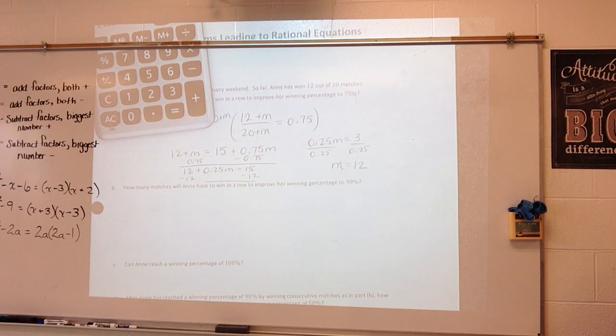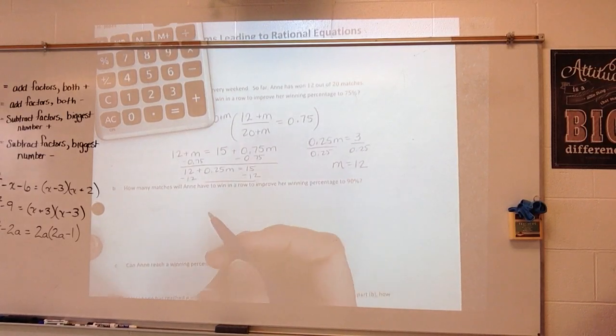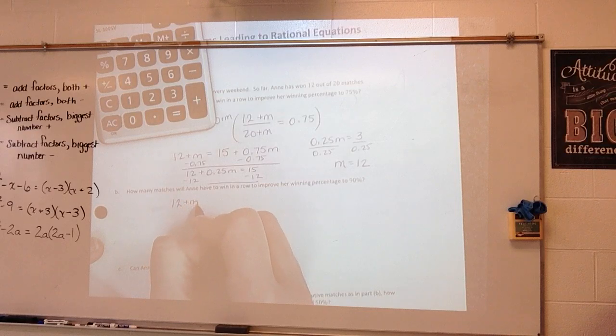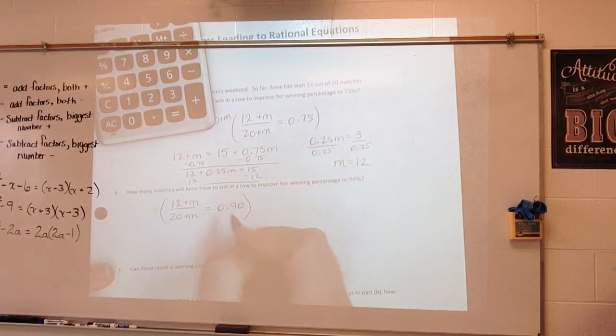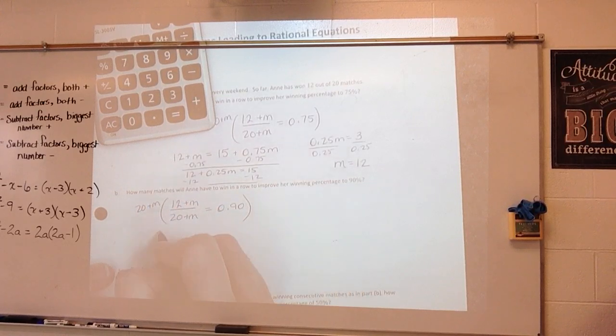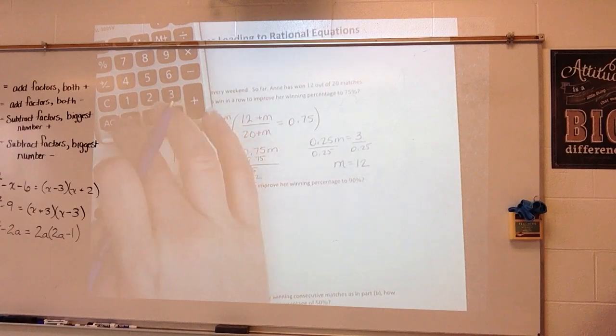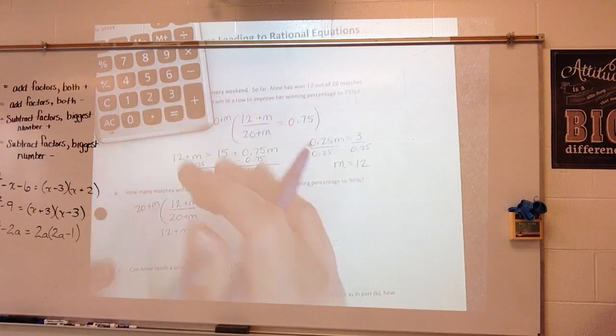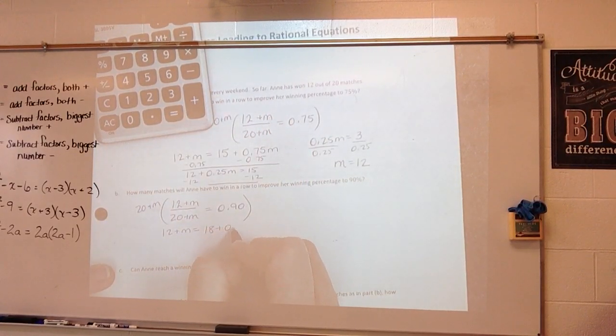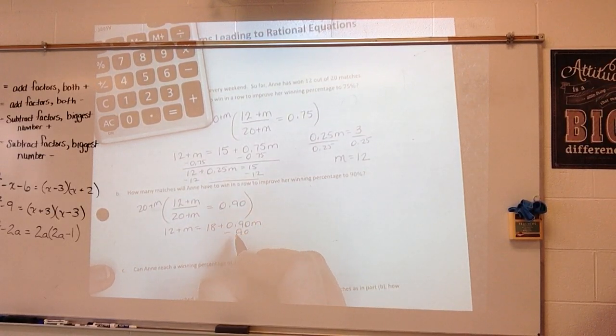How many matches will Ann have to win in a row to improve her winning percentage to 90%? Guys, we're going to do the same thing. 12 plus M over 20 plus M is equal to, instead of 75%, 90%. Multiply both sides by 20 plus M. So I get 12 plus M is equal to 90% times 20, which is 18, plus 90 hundredths M. Subtract that 90 hundredths.